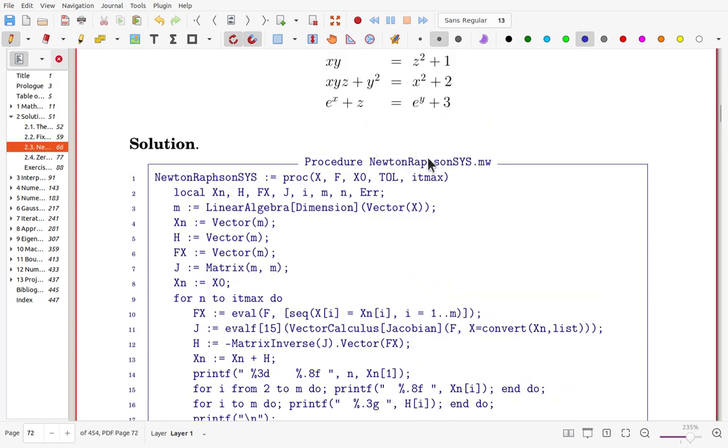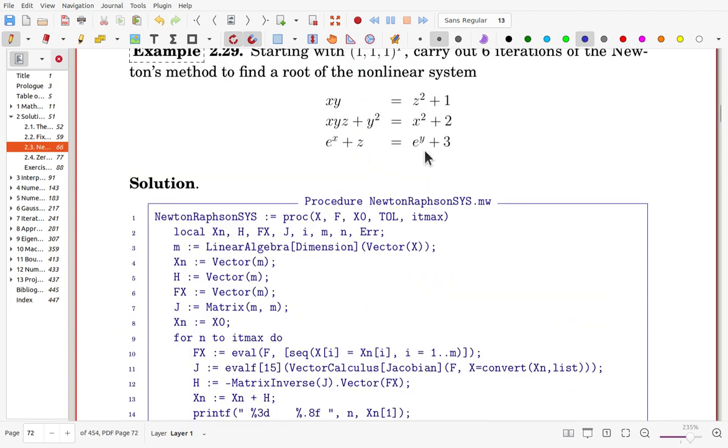When people are writing this equation, sometimes some people use x, y, z, but sometimes people may use x1, x2, x3, or u, v, w, so the user should let the program know which variables are used.